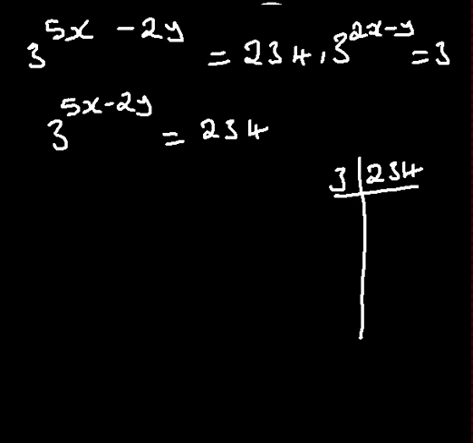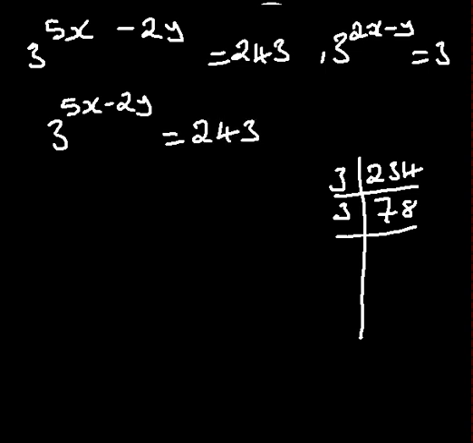With a calculator, 243 divided by 3 is 81.